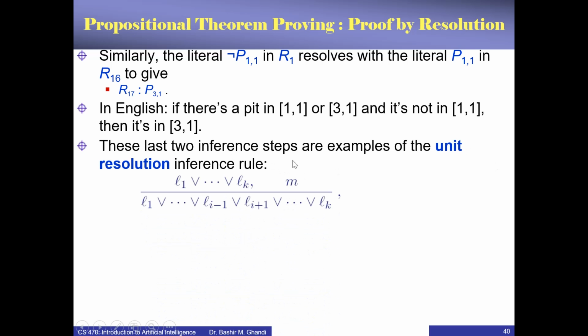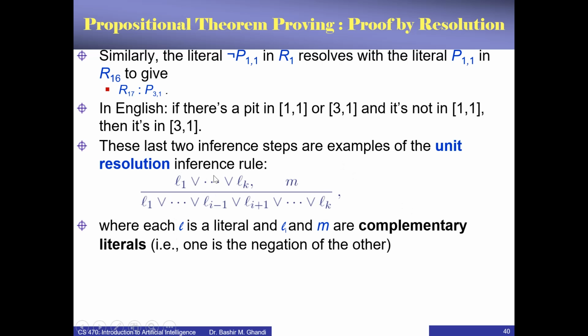Now the last two inference steps are examples of the unit resolution inference rule. So what does the unit resolution inference rule say? If you have something like this, where L is a literal, so it's a single symbol, and there is one particular Li here that is complementary with M. So Li and M are complementary, meaning one is the negation of the other.